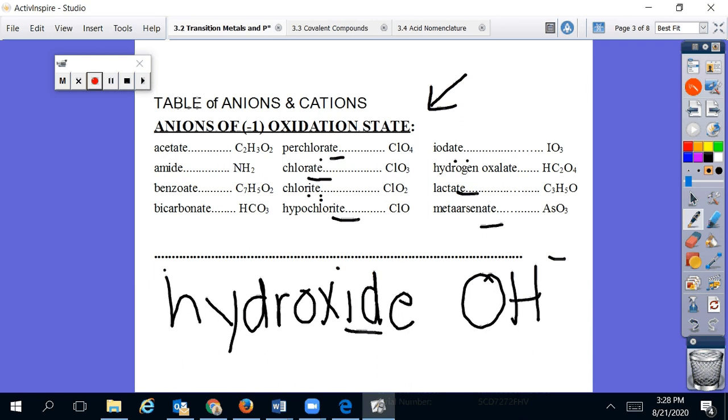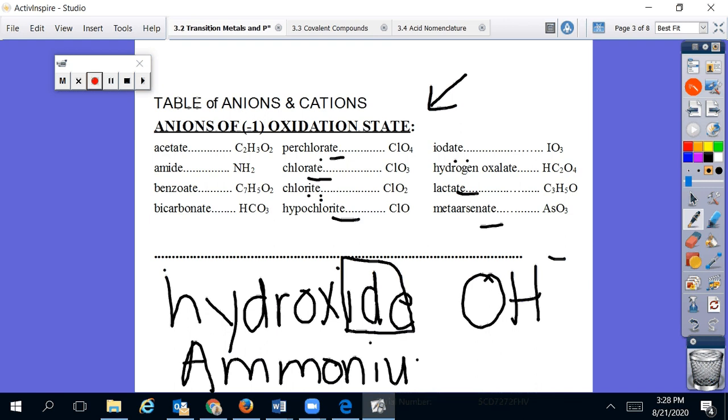A lot of people get confused because hydroxide ends in IDE rather than ITE or ATE. Also make note of ammonium. Ammonium is the only polyatomic with a positive charge that you need to know, and this is at the bottom of your sheet. It is NH4 plus 1.